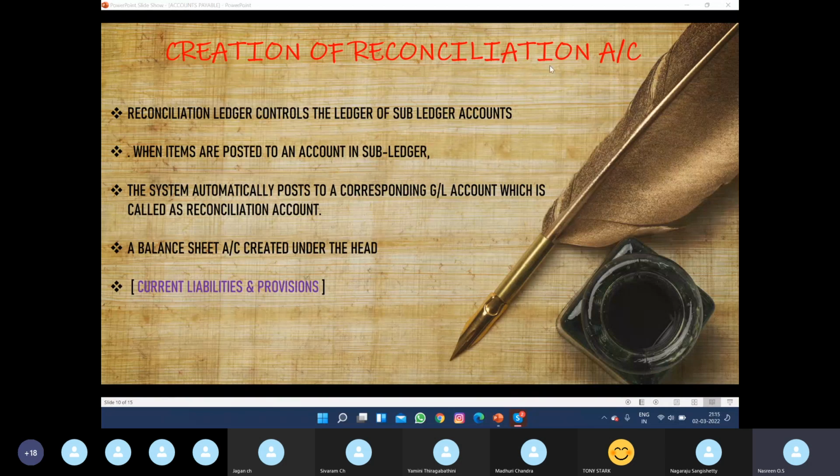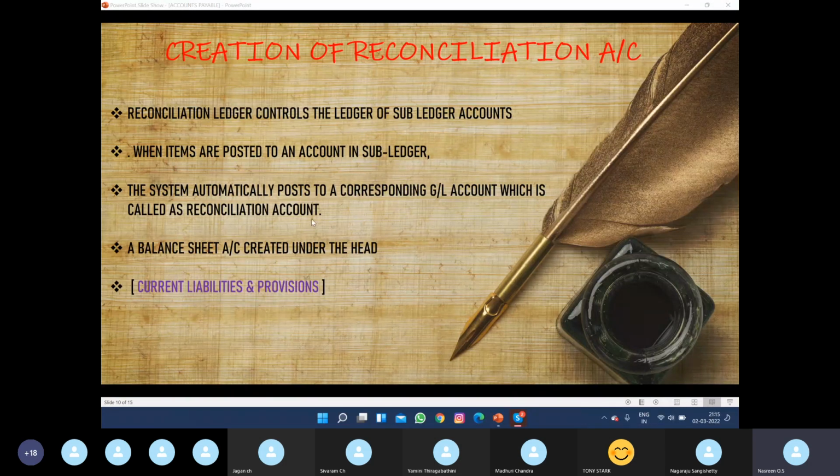This reconciliation account generally extracts all the data from the subsidiary ledger accounts and updates the data into the general ledger. When items are posted to an account in a subledger, which is accounts payable, the system automatically posts to a corresponding GL account, which is called a reconciliation account.